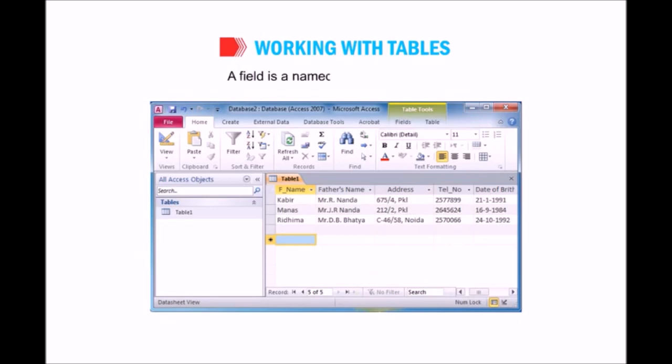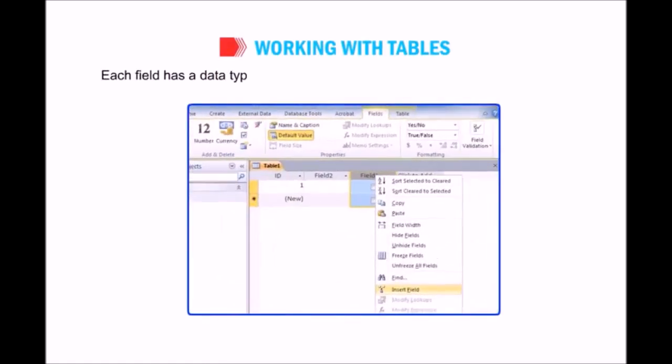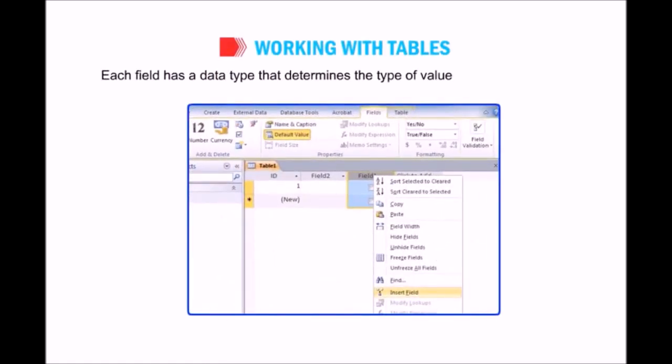A field is a named unit of information. It stores one type of information about all the objects or items. Students, before we move further, can you just let me know what is a relational database? Each field has a data type that determines the type of values that can be stored under it.